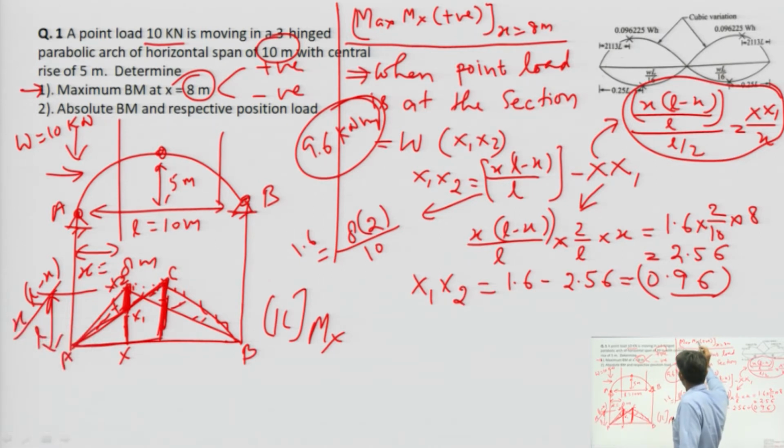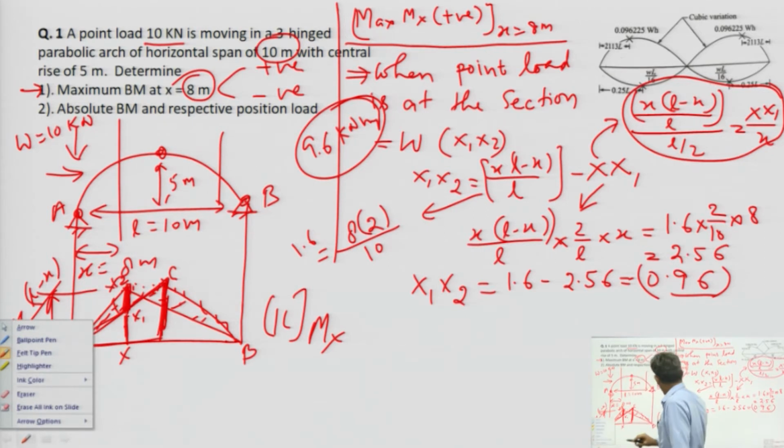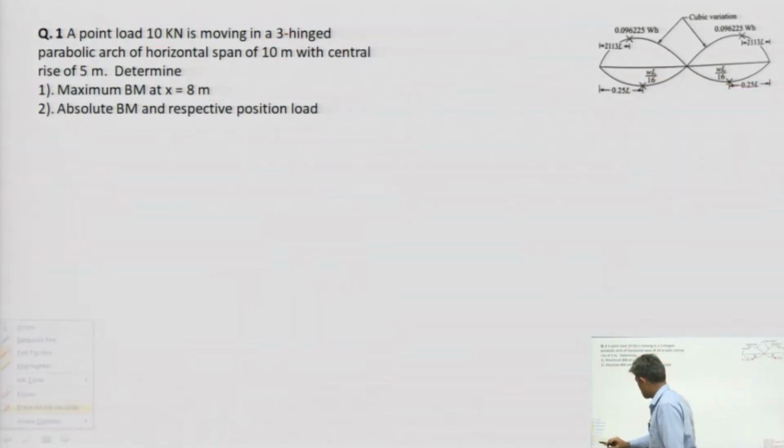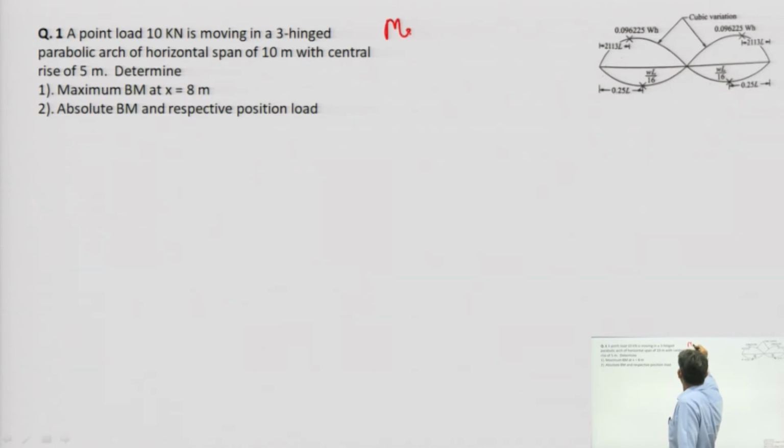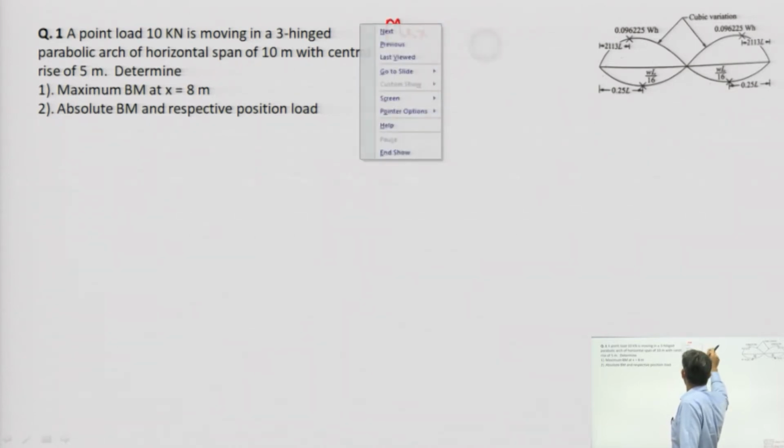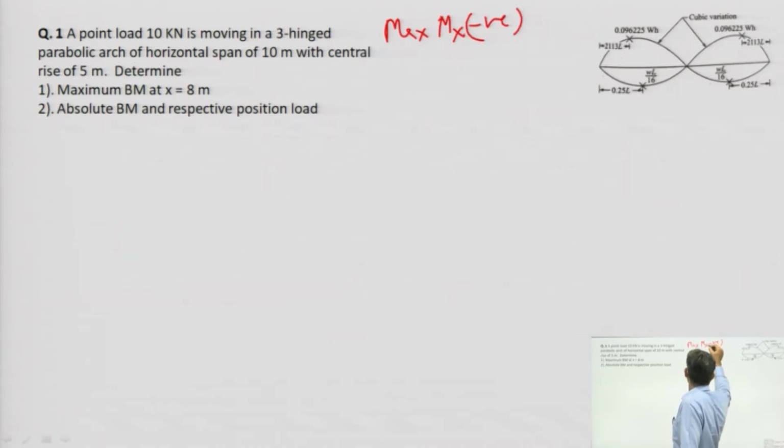So, maximum negative, okay, let me erase. So, next is maximum bending moment, maximum Mx negative at x is equal to 8 meter, okay, at x is equal to 8 meter.